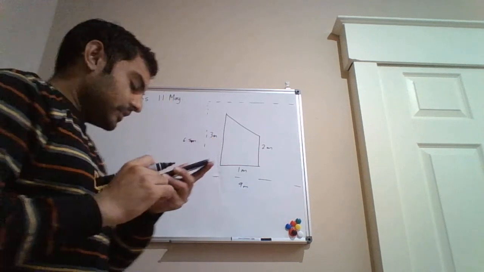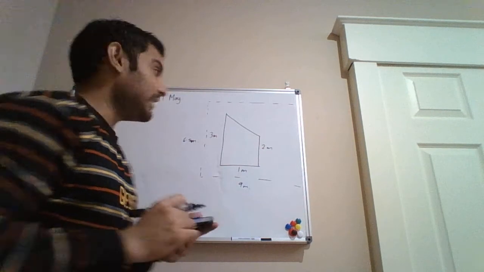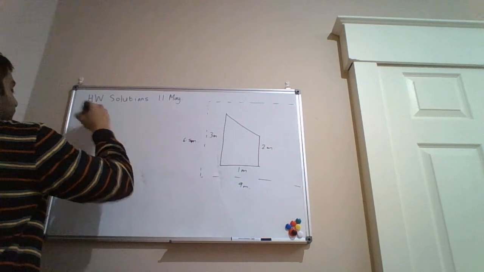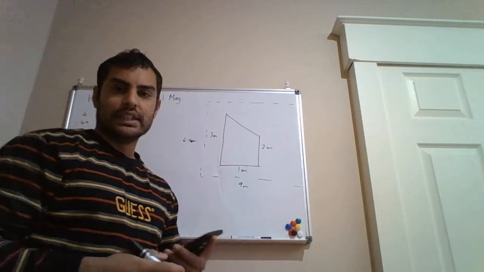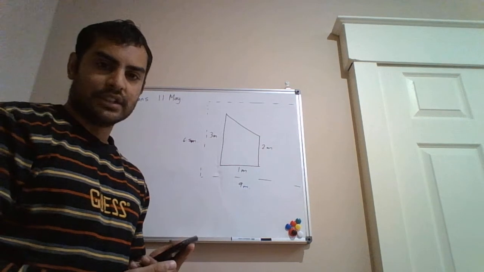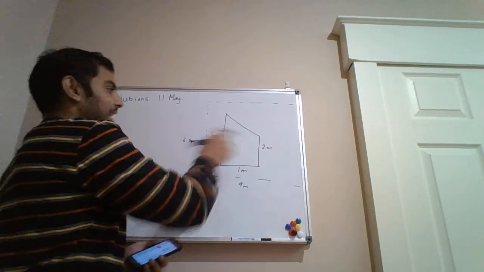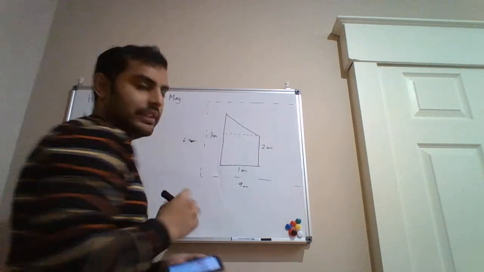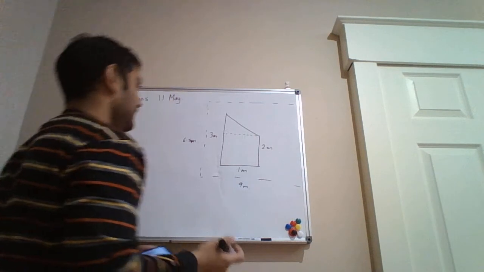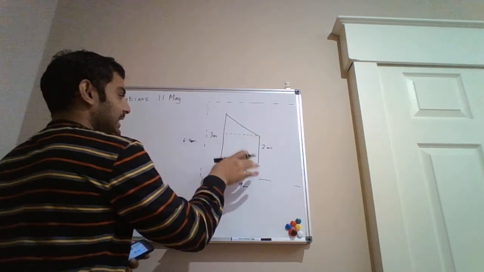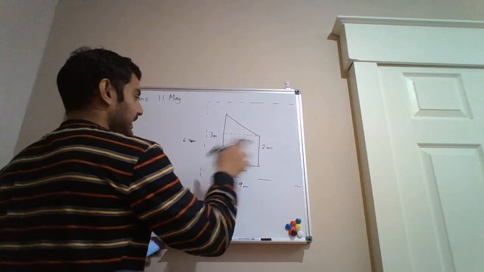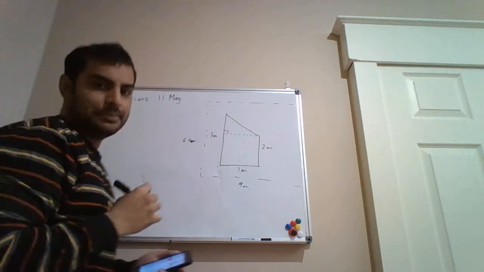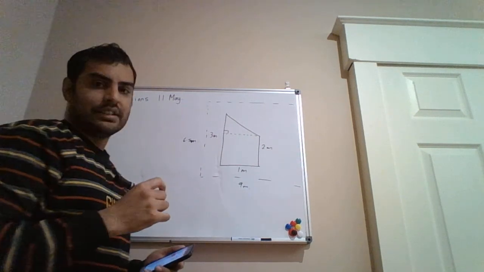Okay, so for A, find the area of the flower bed. So we must find the area of this thing. So this is very similar to the example I did in the previous video lesson. We're going to split this shape into a rectangle and a triangle, and then we can use our area formula. So these two sides are parallel, so it's a rectangle, and because it's a rectangle, that angle will be 90.